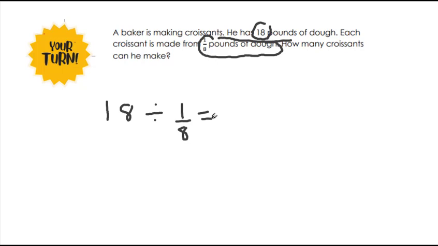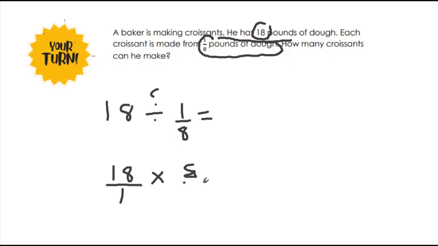Now let's follow our rule for dividing. We keep, change, and flip. So we keep the 18, and we're going to turn it into a fraction because when we change, we're going to change it into a multiplication problem, and then we flip.